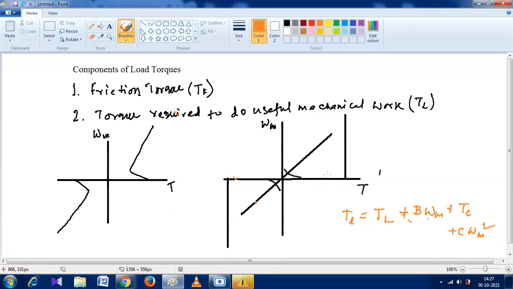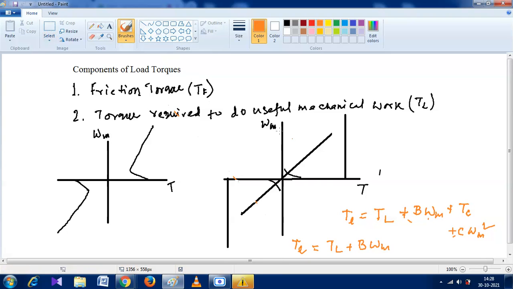After neglecting, we can write TL equals TL plus B omega. Which part is neglected?